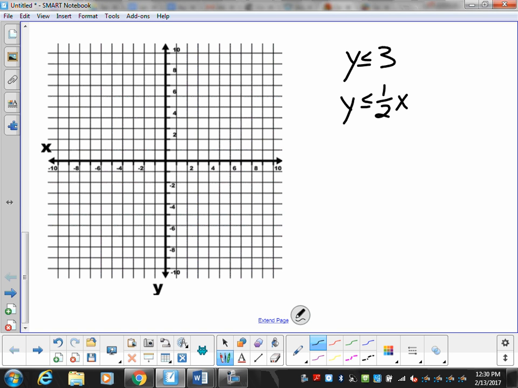Six. Alright, so I want everybody looking at this file, working on it.